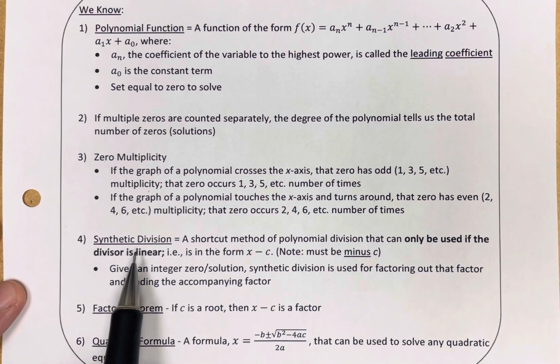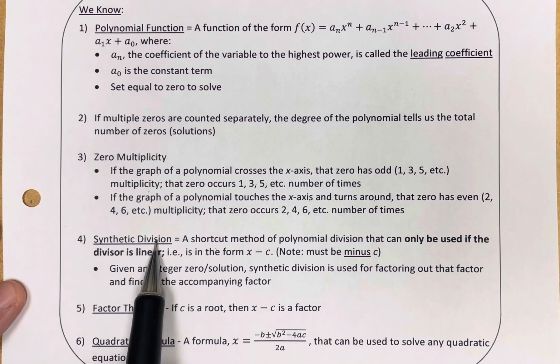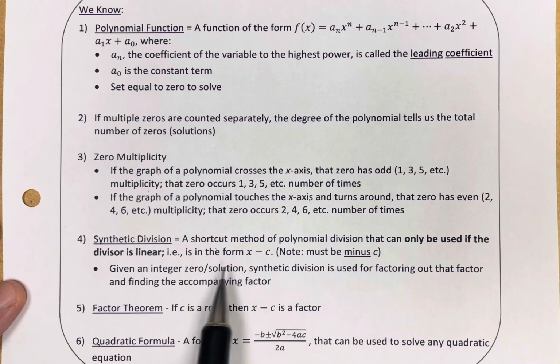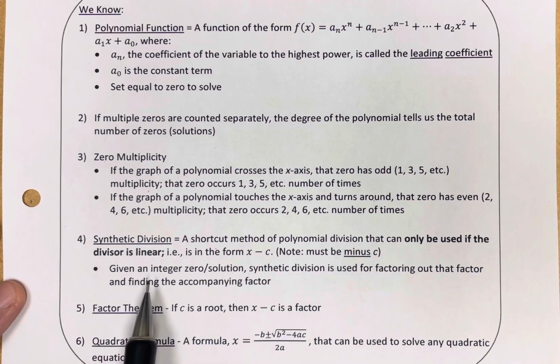We know about synthetic division and long division. I'll do synthetic division for 3 examples and long division for 1. Synthetic division tends to be the quicker method for factoring out linear factors, but long division always works as well.